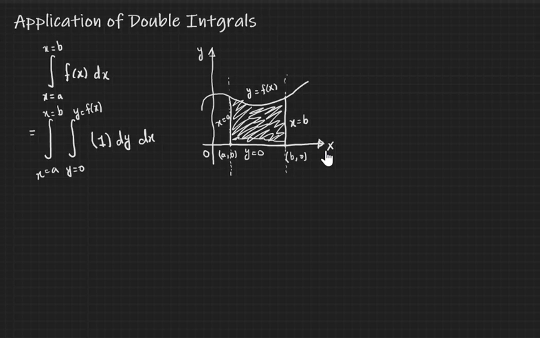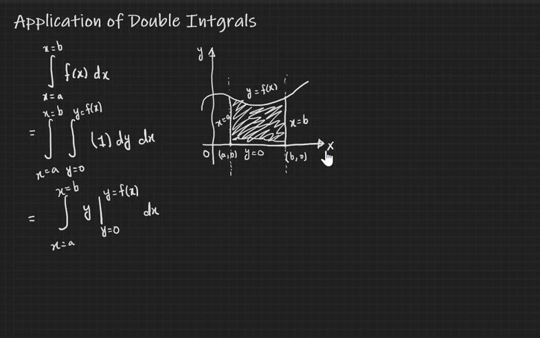Let's see if it is true or not. So integrating 1 with respect to y, that would be y, taking the limits of integration y equals 0 to y equals f of x, dx remains the same, and the integration with respect to x remains the same.